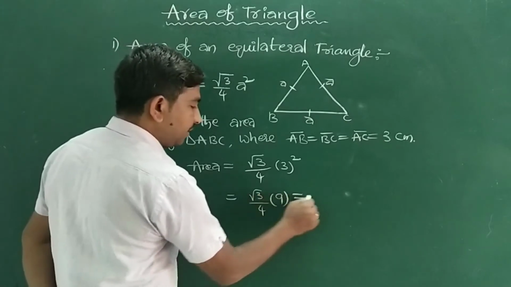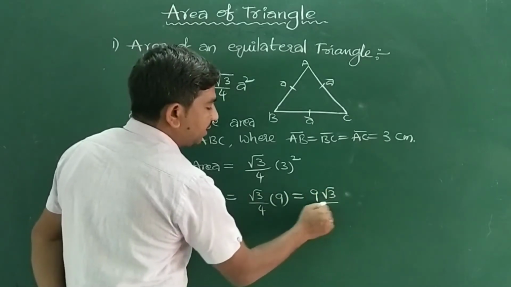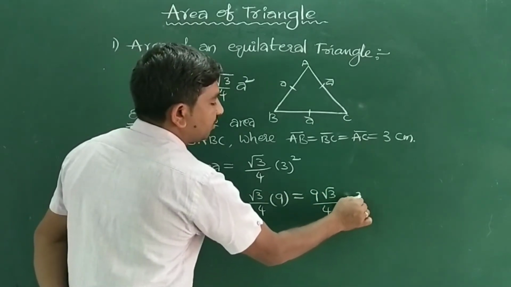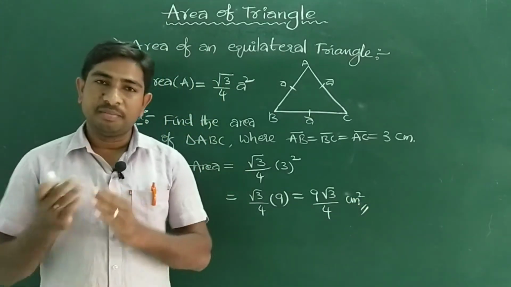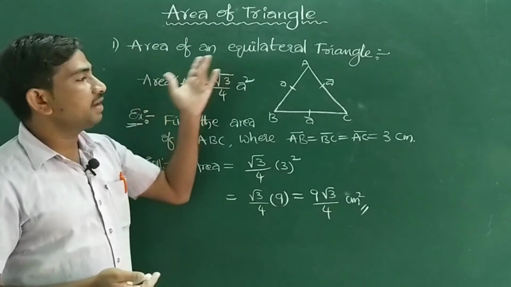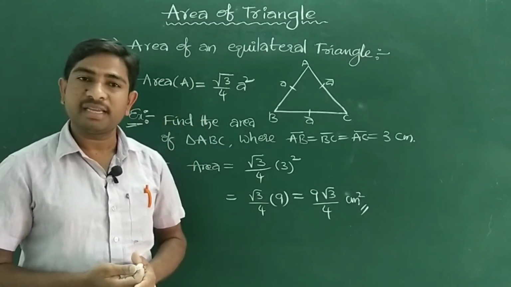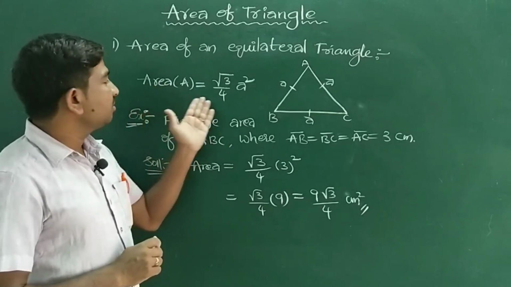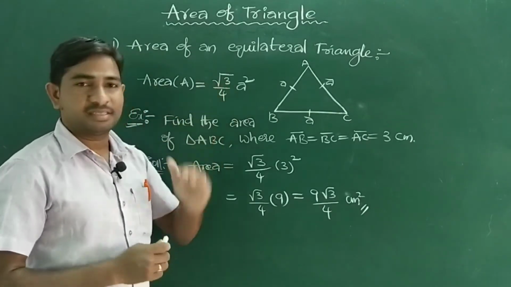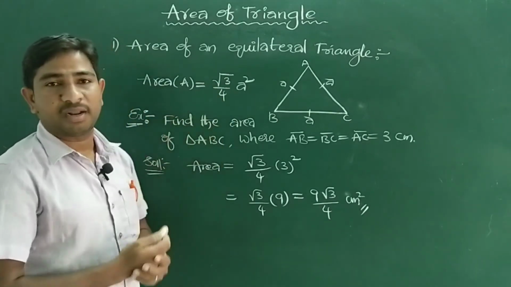So finally this can be written as 9 root 3 by 4 centimeter square, or any other square units. So this is the method to find the area of an equilateral triangle. The area of an equilateral triangle is root 3 by 4 a square. This is the most important formula.